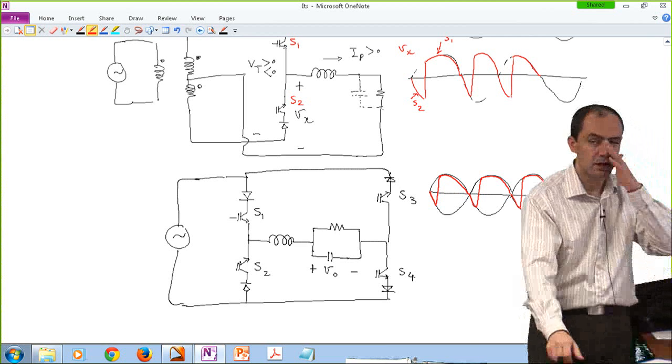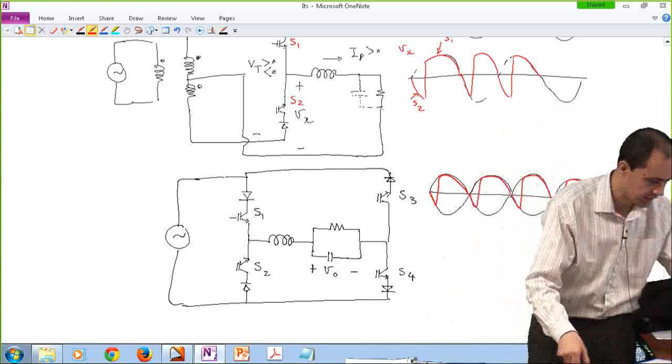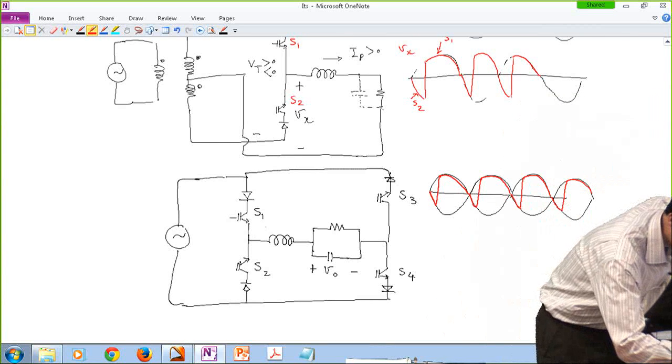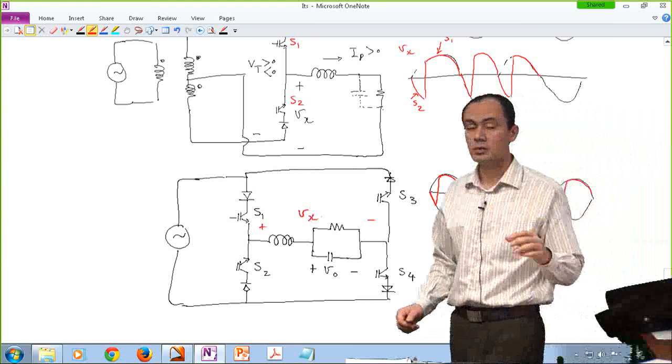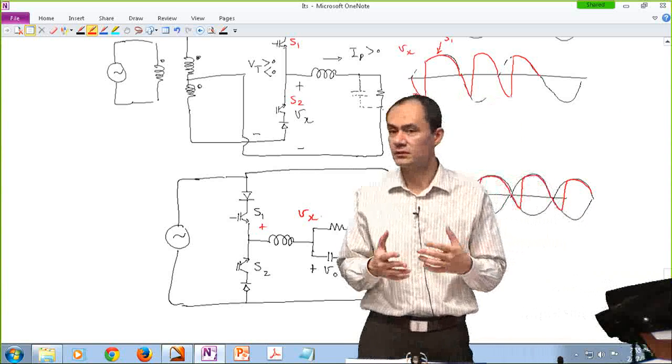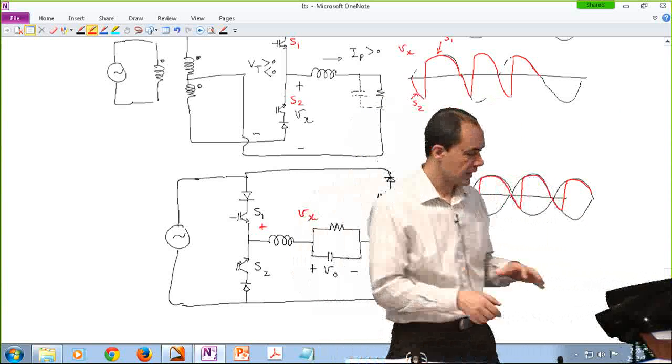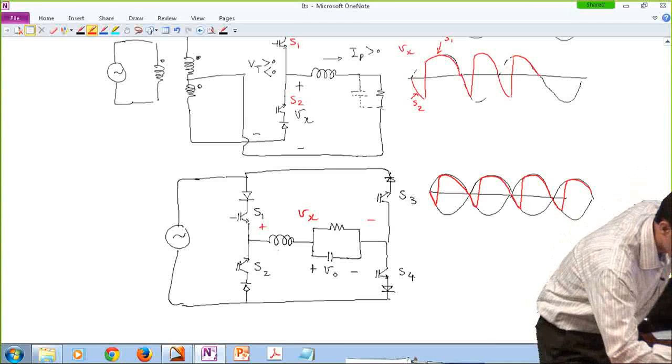And then again here we have a signal which is like Vx from here to here, for instance, which is relatively DC. All you have to do is apply it to a low-pass filter to give you a relatively DC signal. And again, this is assuming that this inductor is large enough, so this current is always positive.